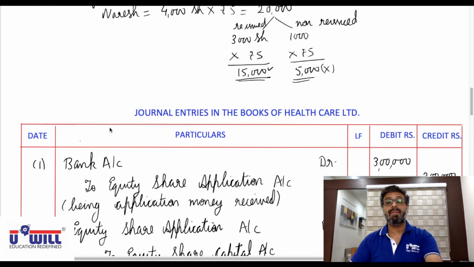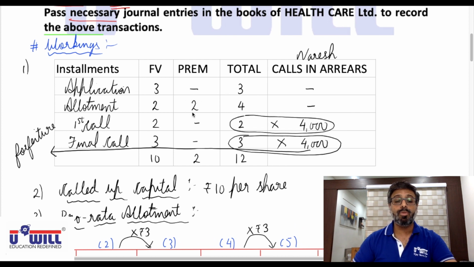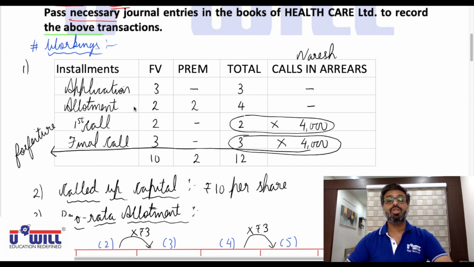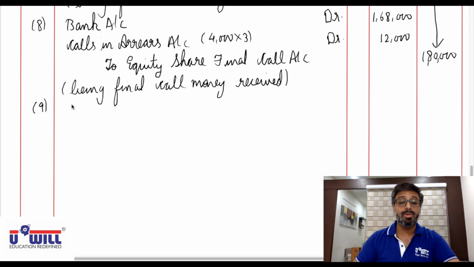Let us see. Will security premium come? We have to debit it only if it is not paid by the shareholder. Here premium 2 rupees is with allotment. There are no calls in arrears in allotment, means Naresh has paid the premium. Naresh has paid application and allotment money, means he has paid premium also. So security premium will not get debited. Only 1 account debit and 2 accounts credit.